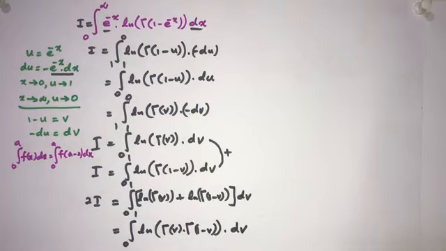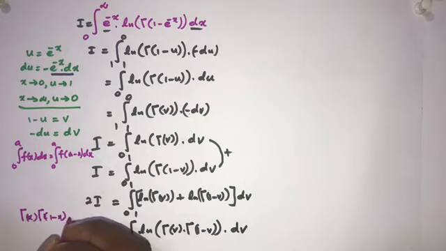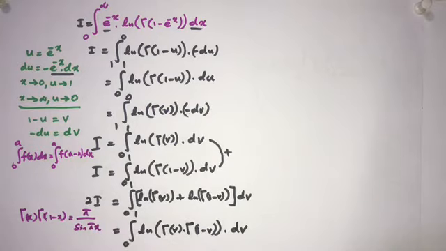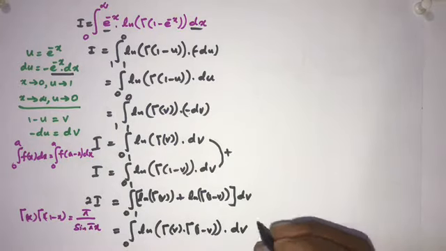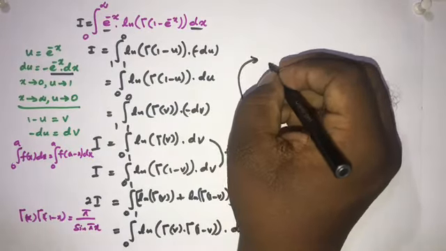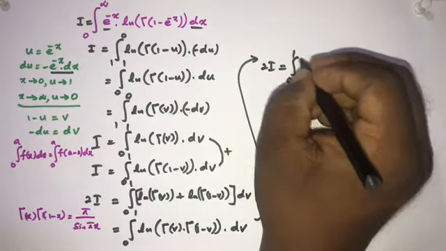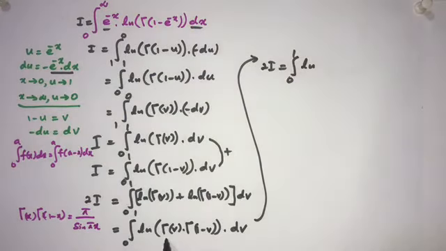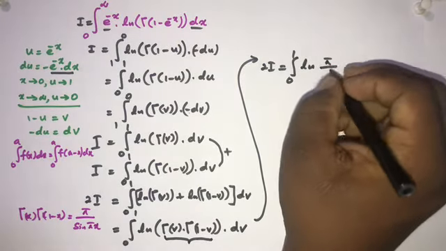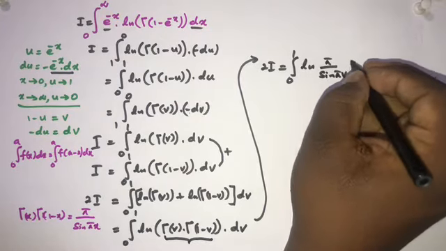Okay, now we know this property of the gamma function, gamma of x times gamma of 1 minus x is equal to pi over sine of pi x. Therefore we can write our integral 2 times I is equal to 0 to 1, natural log of, now instead of gamma of v times gamma of 1 minus v, we can write pi over sine of pi v dv.